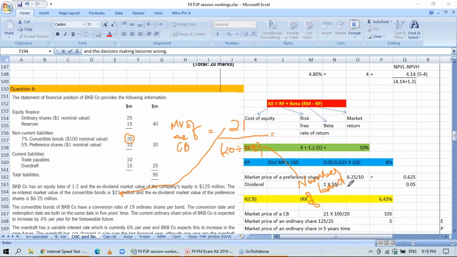This is the market value of 0.2 million bonds. There are 0.2 million bonds in total. So if you divide 21 by 0.2, you will arrive at 105, which is the price of one bond, right? So students, is it clear?